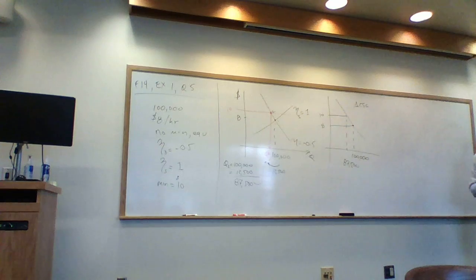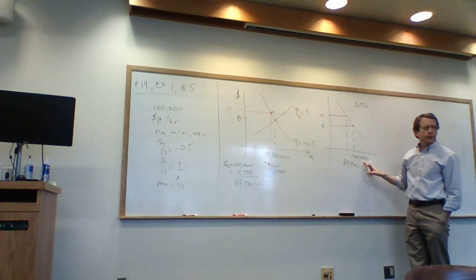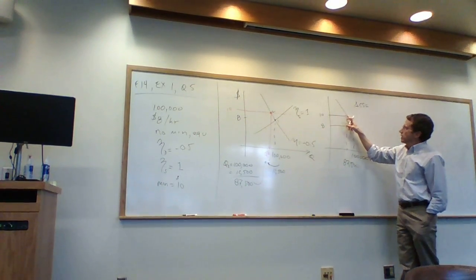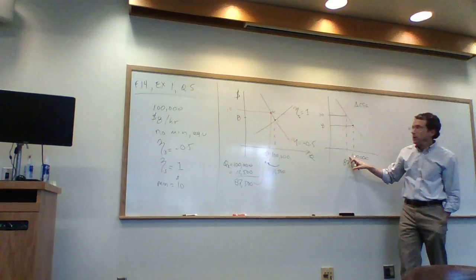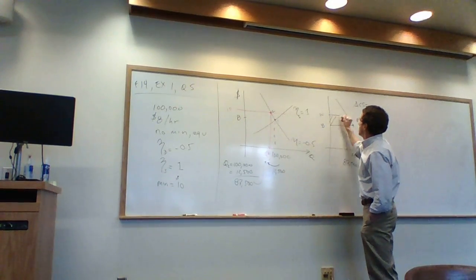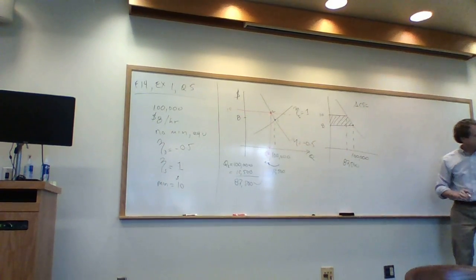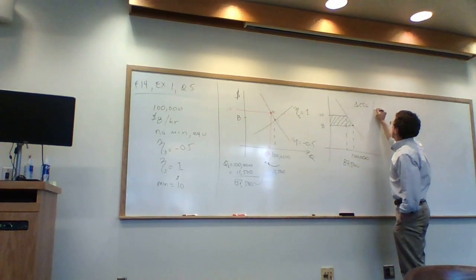So, we can calculate the change in consumer surplus by looking at the old price and the old number of people who went to work, and comparing that to the new price and the new number of people who go to work. And then looking at the change in the surplus the buyers get out of hiring all those people. Okay. So that's the trapezoid.